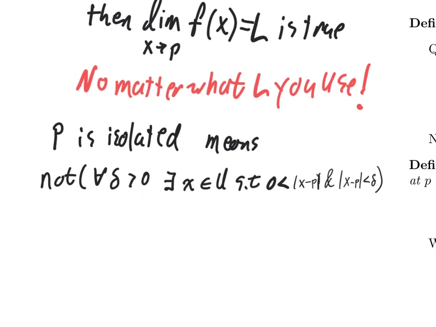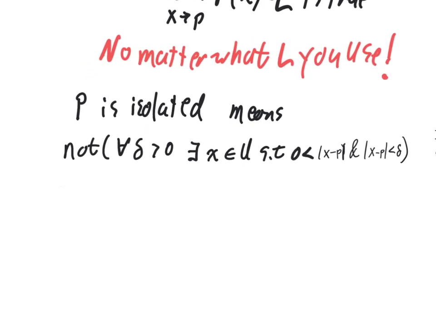All right, so let's negate that. When you negate a universally quantified statement, you get an existentially quantified one, so that must mean there exists a delta bigger than 0, such that for all x in U, the negation of this "and" is true. When you negate an "and", you're going to get an "or".